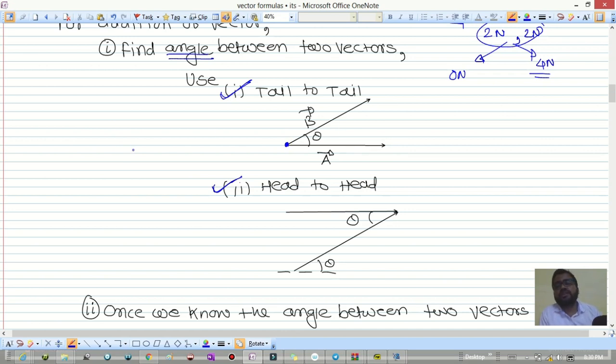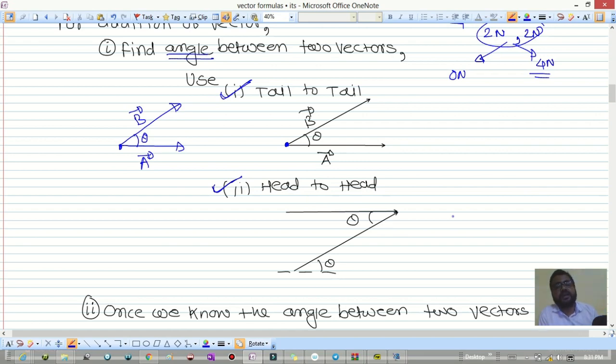If you consider the tail of the first vector as this one, connect the tail of the second vector to it. This is a bar and this is b bar. What is the angle between these two? This is the angle. Just touch tail to tail and you will get the angle between a bar and b bar.